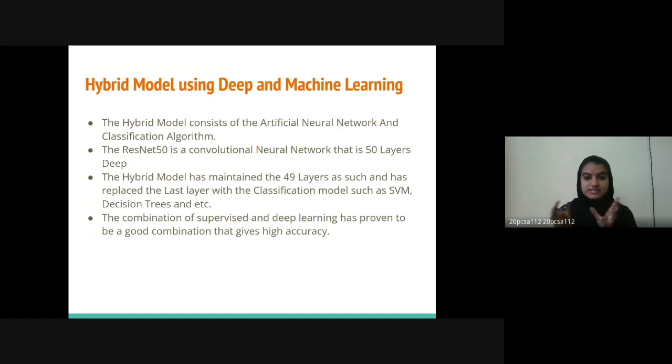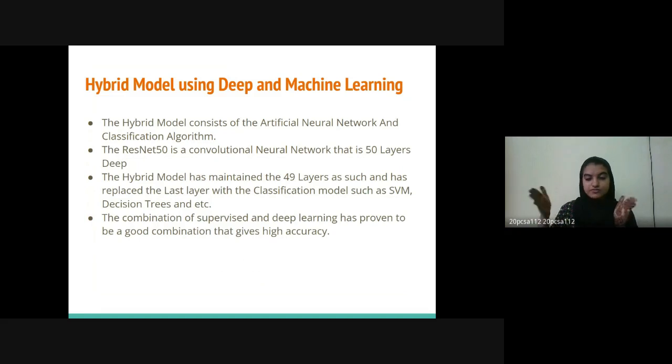As it suggests, it had deep learning and also machine learning. Deep learning was when it used ResNet 50, a convolutional neural network which has 50 layers. Machine learning comes into the picture in the last layer.